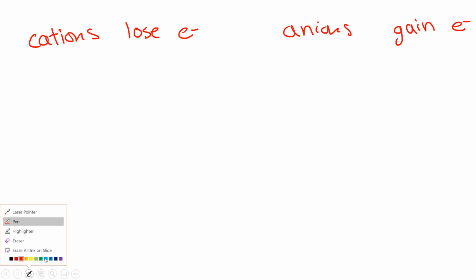Cations lose electrons. Anions gain electrons. And how does that happen?